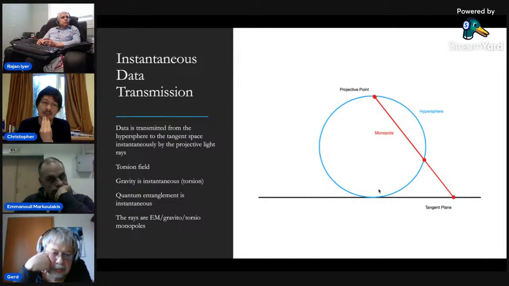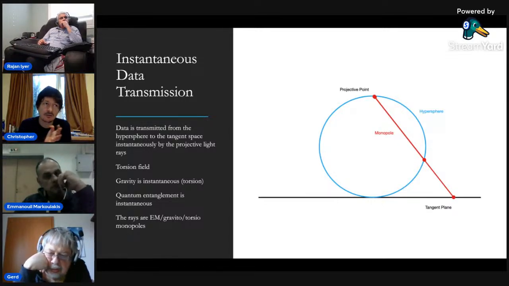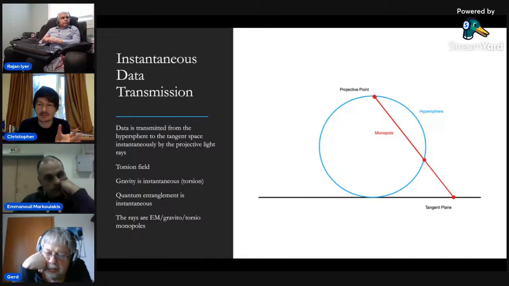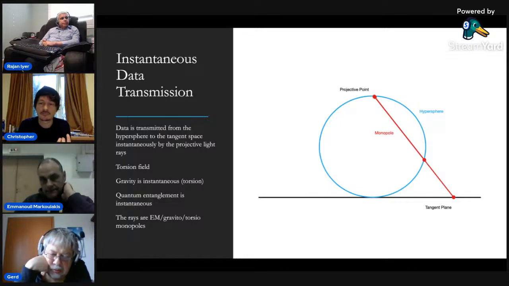And since we're saying that gravity is instantaneous and therefore a torsion effect, we can link gravity to the monopole. So that's where we get the gravito part. We obviously have the torsion part, and then the fact that it is a monopole as well, because it's just a single line, which is how Dirac initially envisioned monopoles.